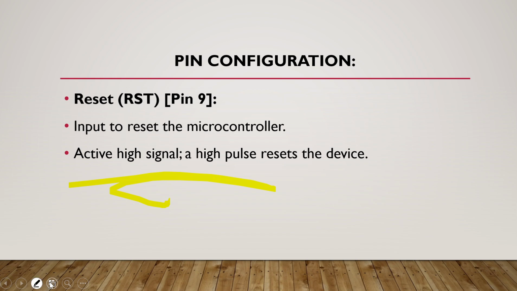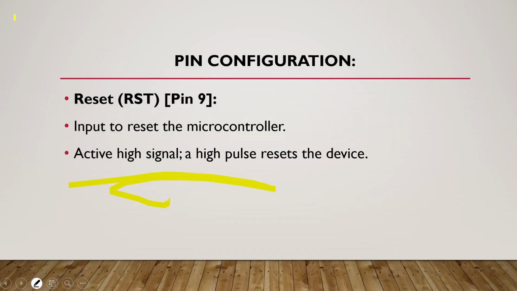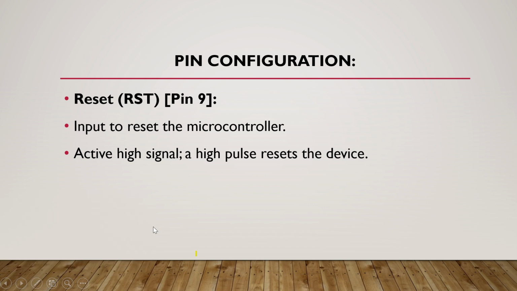So to overcome these issues, in the 8051 we use the ninth pin as a reset pin. From this ninth pin we can restart the 8051 microcontroller when we dump the code. So this is the use of the ninth pin.